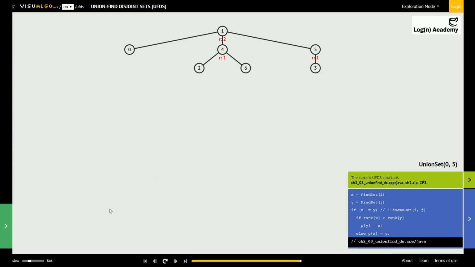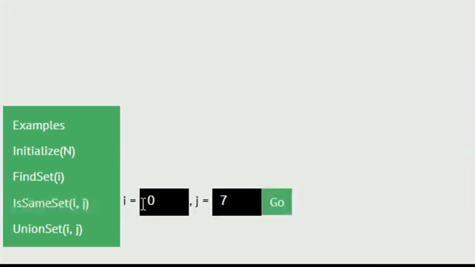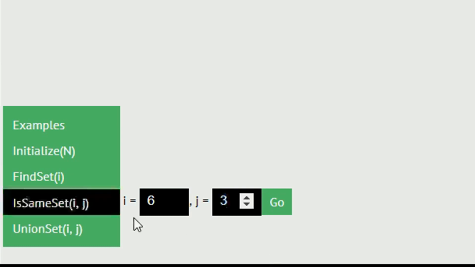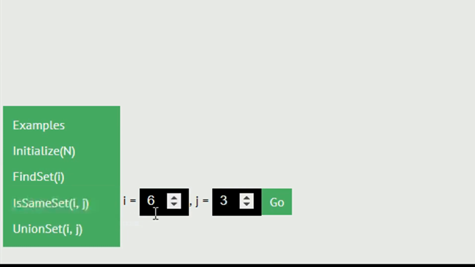And now let's apply path compression here. For path compression, I call the method is same set with 6 and 3. I'm trying to check if 6 and 3 are in the same set.